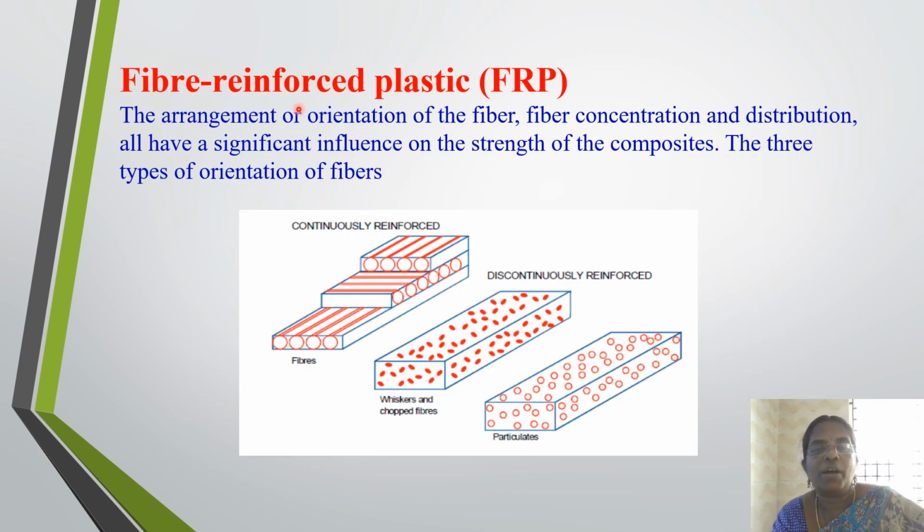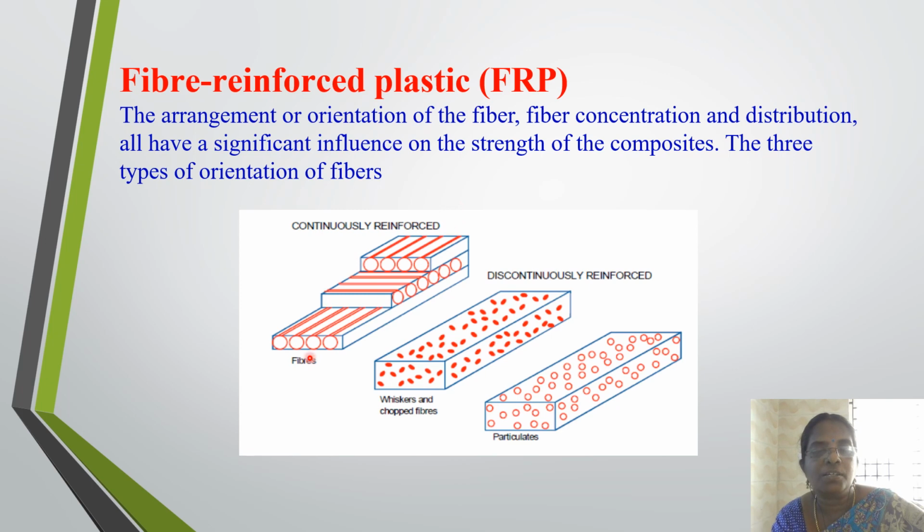The property of FRP is dependent on the types of fiber we are using, the fiber concentration, how much fiber we use in reinforcing it, and the distribution, whether it is unidirectional or multi-directional, continuous or discontinuous. Based on these three factors, the property of the resulting composite will be different, right?